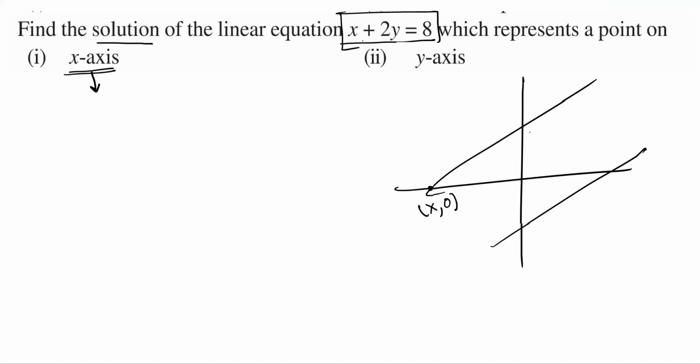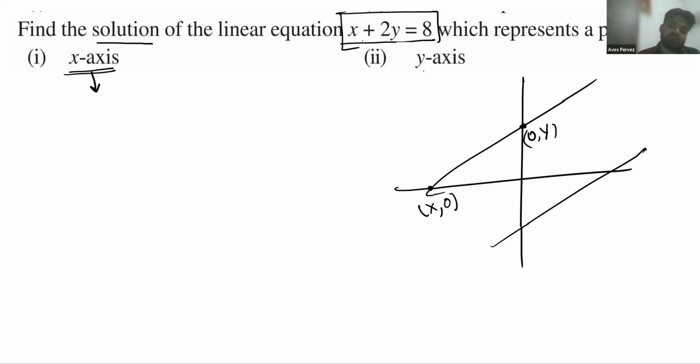And if it is cutting, let's suppose, here on the y-axis, we know that on the y-axis x must be 0 and y will have some value, whether it is negative 2 or negative 3. But we are sure that anywhere on this y-axis, x is going to be 0.